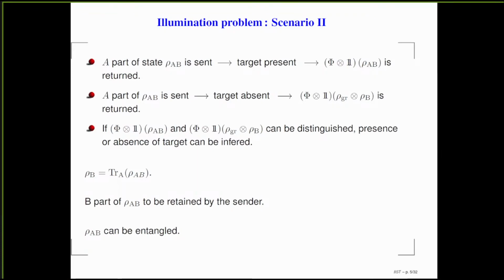Put together, you ask about the distinguishability between, say, this one versus this one. If the target was absent, only rho B was there. Whatever light you sent was lost into the vacuum, into the universe. What was returned to you was the background thermal light, passing through some channel.